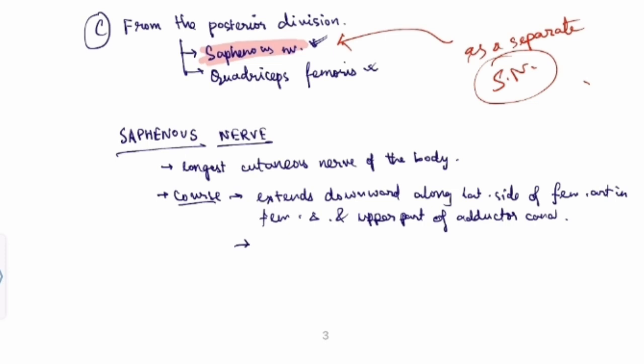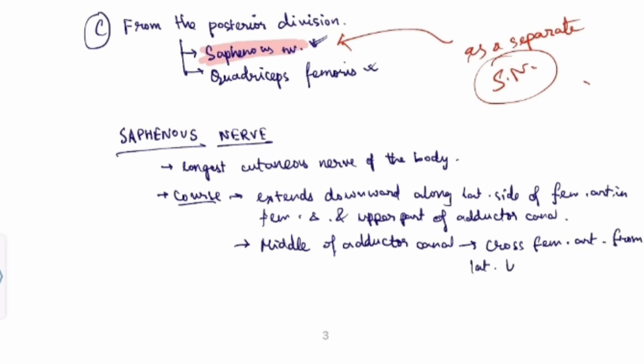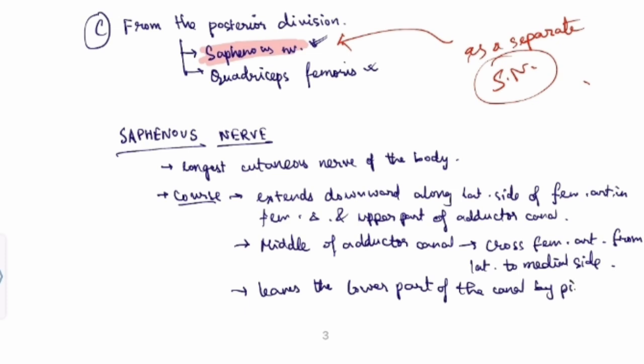The nerve crosses in front of the femoral artery from the lateral to the medial side, at the middle of the adductor canal. Finally it leaves the lower part of the canal by piercing the fascial loop.